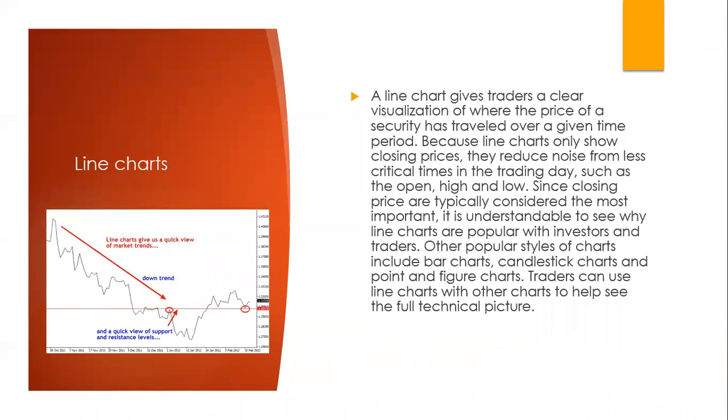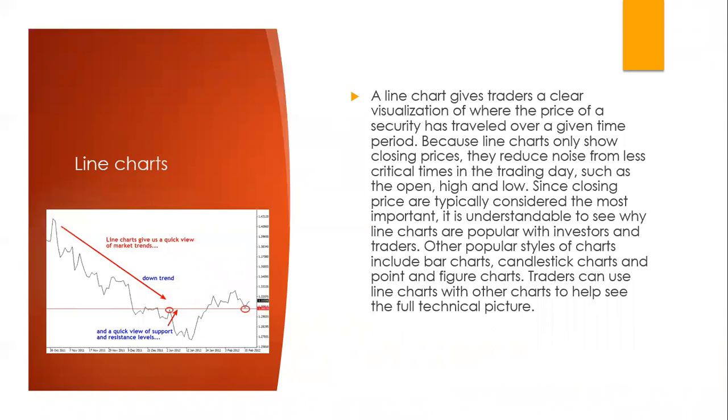Since closing prices are typically considered the most important, it is understandable why line charts are popular with investors and traders. Other popular styles of charts include bar charts, candlestick charts, and point and figure charts. Traders can use line charts with other charts to help see the full technical picture.